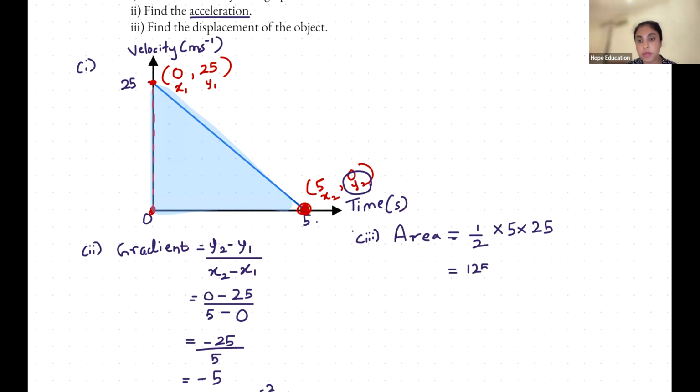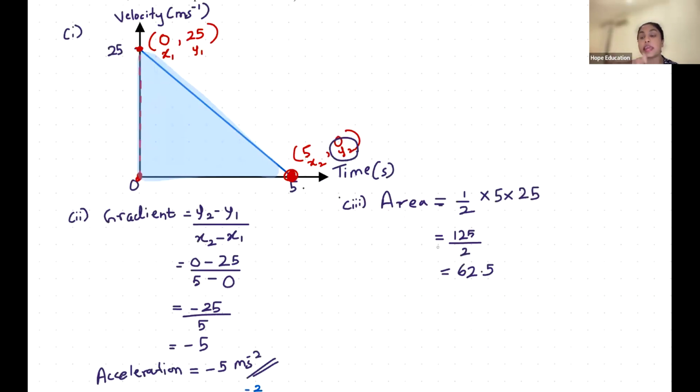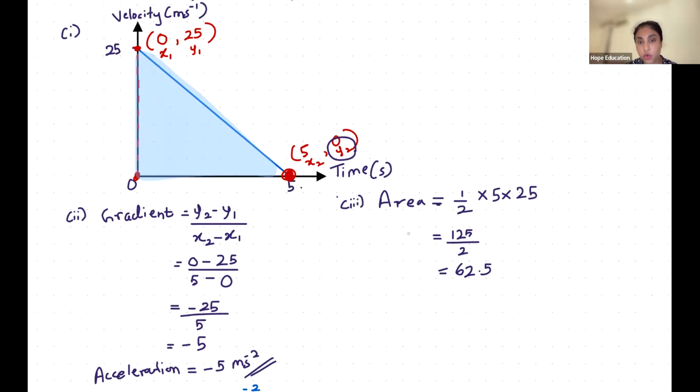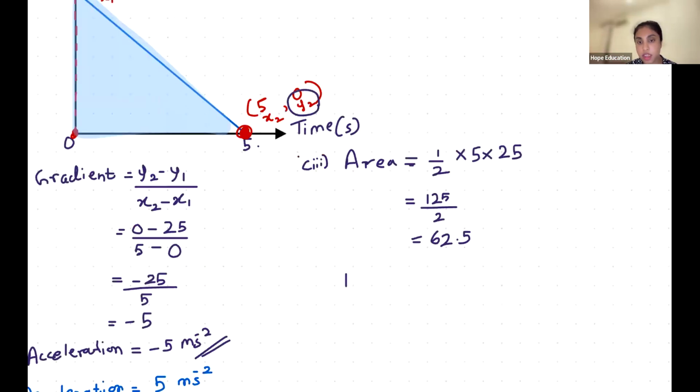Divided by 2, that would be 62.5. If the area you get is 62.5, we know the area gives the displacement. Therefore, displacement equals 62.5 meters.